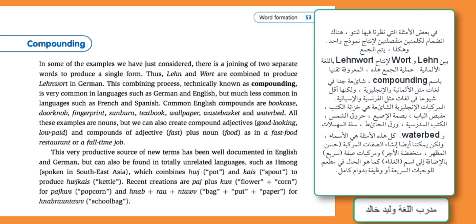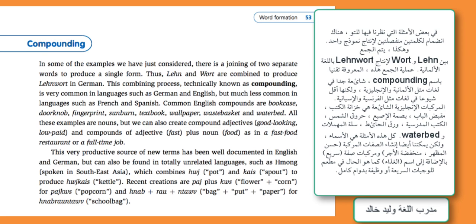This very productive process to create new terms and new ideologies and new expressions, and is well documented in English and German, because as you know, English is partially coming from Germanic origin.